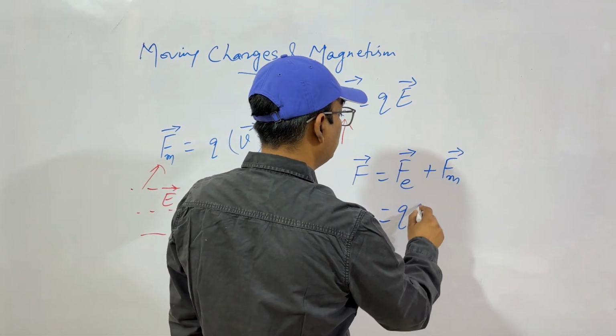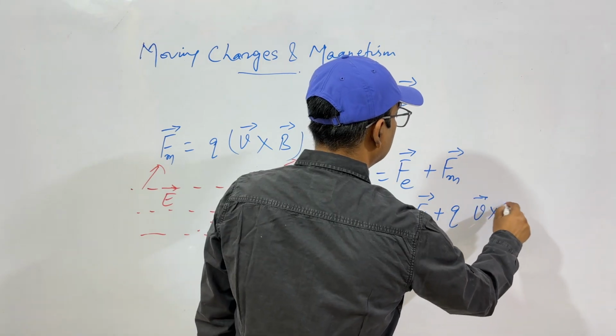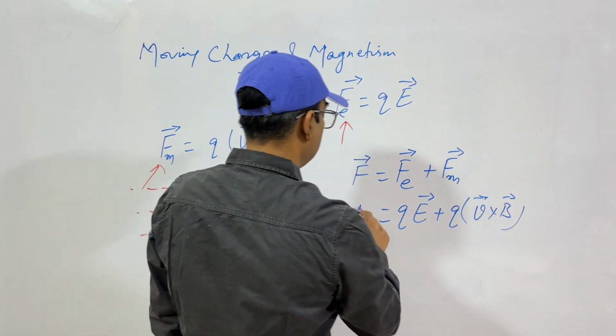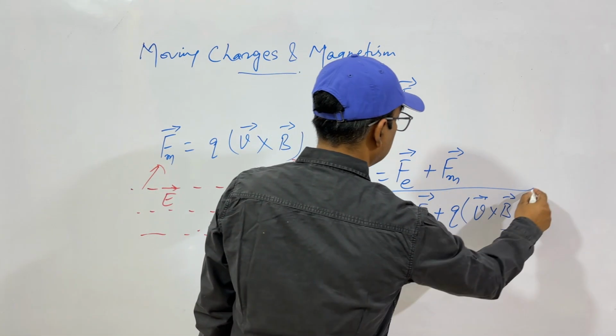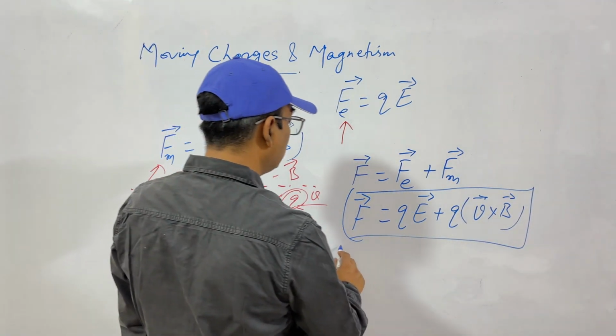So this becomes QE plus QV cross B. This is a very important result, a very important expression. This force is called Lorentz force.